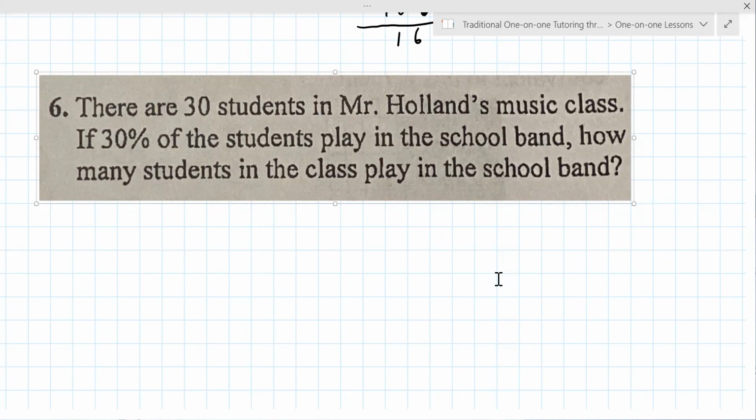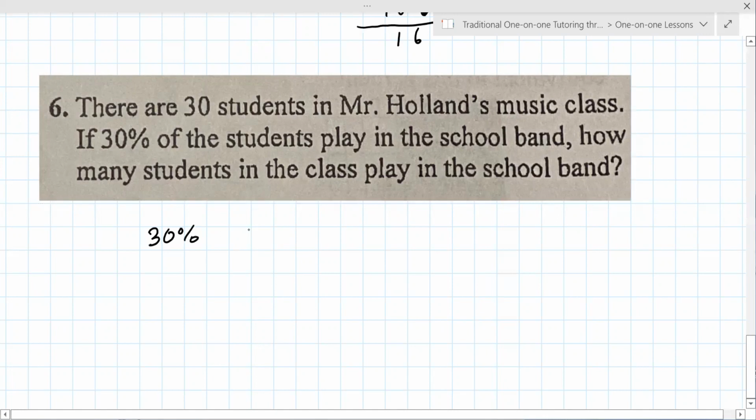Okay. So how do you convert 30% to a decimal? I put it over 100 and then, wait, no. That's true. But that's if you want to make it into a fraction. We want to make it into a decimal. So you take that decimal and move it to the left 2 times.